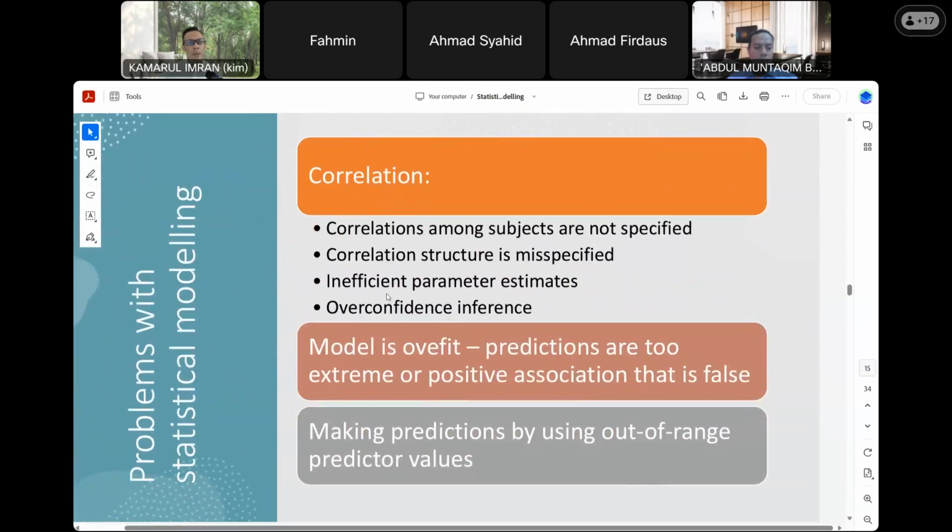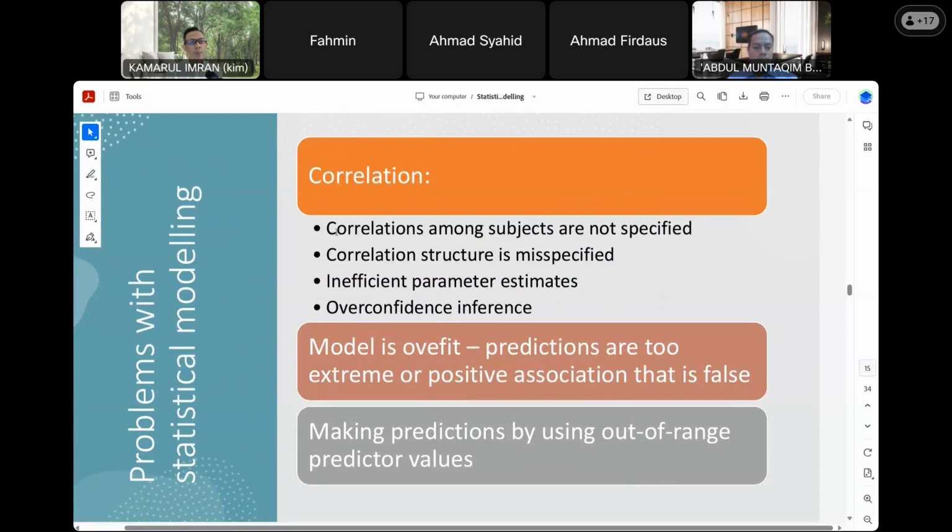Correlation among subjects is not specified. This is especially true when we do modeling where the assumption is independence between observations.